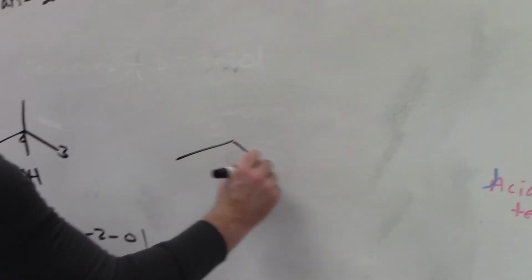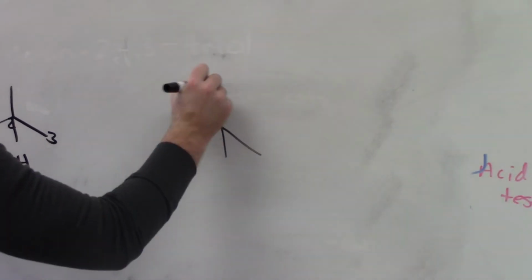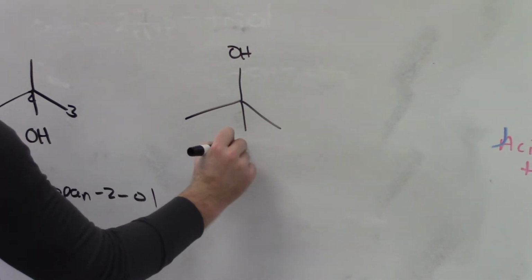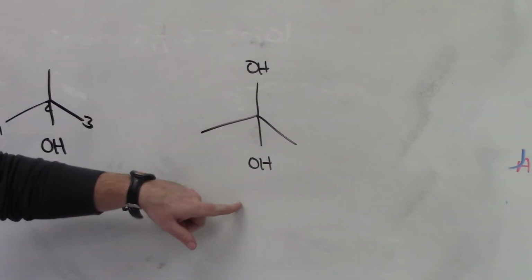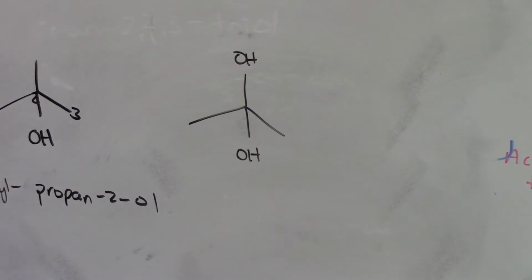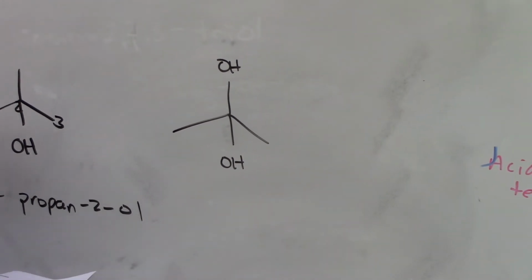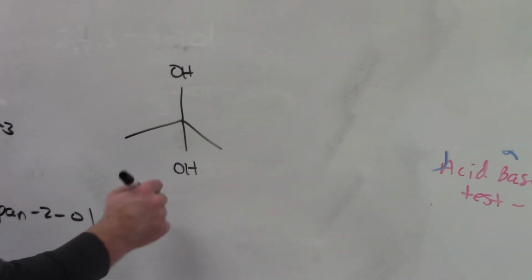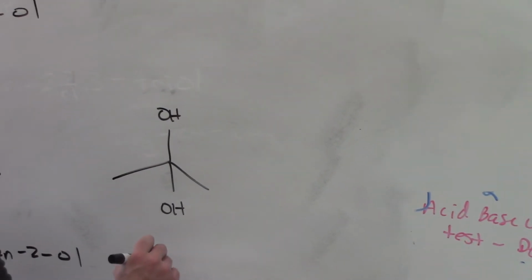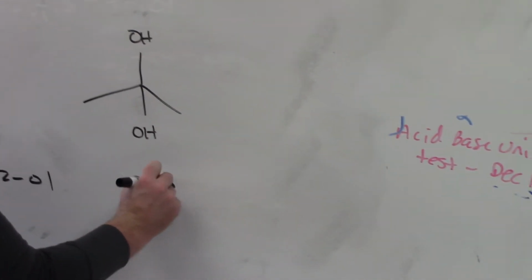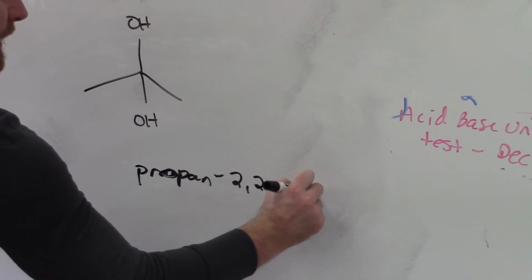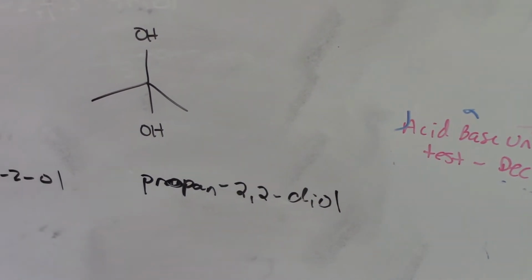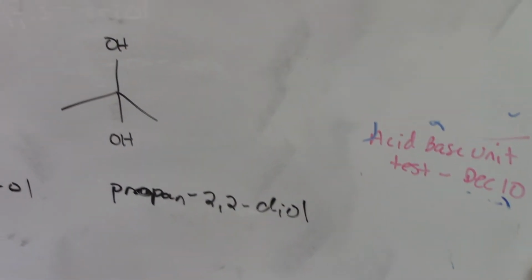Let's say we have this. So rather than a methyl group, I have another hydroxide or hydroxyl group. Okay? So this would now be propan-2,2-diol. Okay?